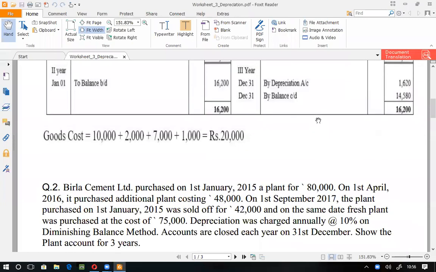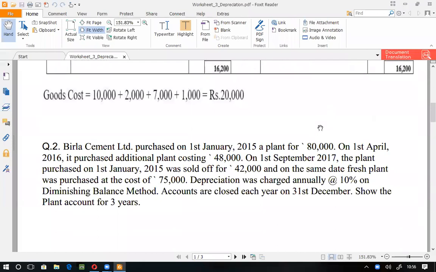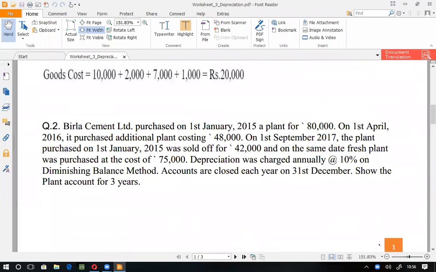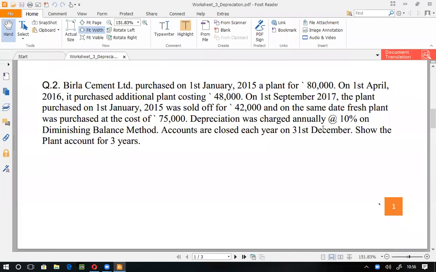So the next question is again here on our screen. Birla Cement Limited purchased on 1st January 2015 a plant for rupees 80,000. On 1st April 2016, it purchased an additional plant costing 48,000.